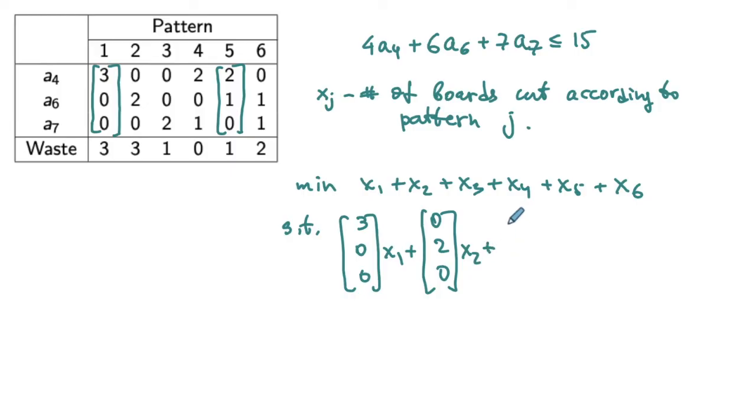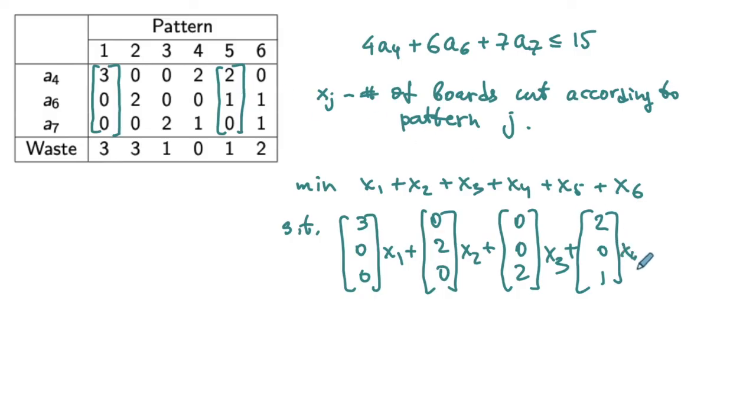Then for the third one it's 0 0 2 multiplied by x3. Then for the fourth one 2 0 1 multiplied by x4.